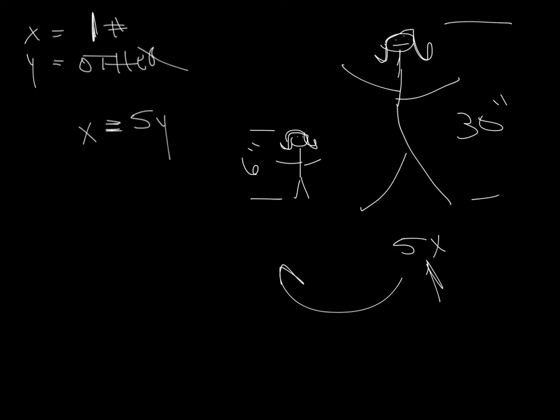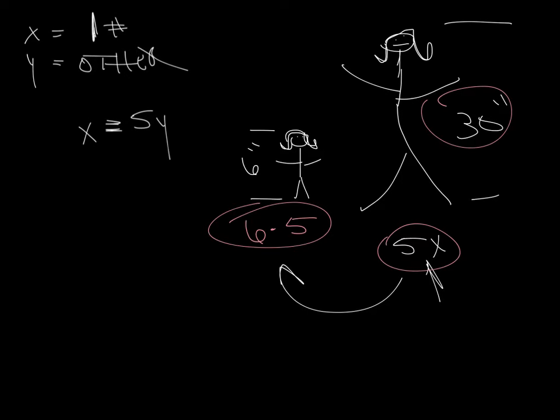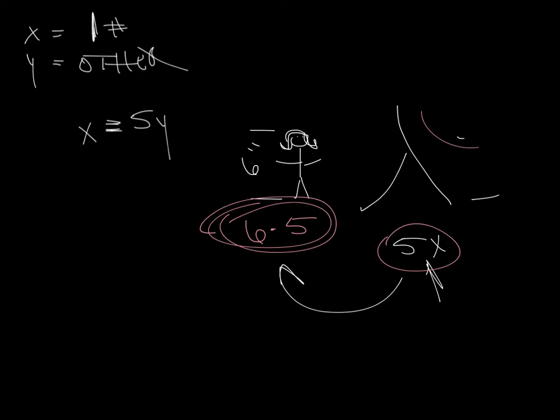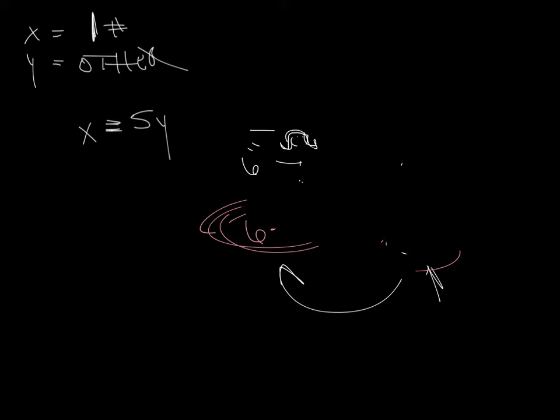So in order to make that one the same height, we'd have to take 6 times 5. And then they'd both be 30 inches. So because this one's 5 times taller, in order to make them equal, I have to make this one 5 times taller. So that's what I did here. In order to make them equal, I had to multiply the smaller one times 5. Okay, let's get rid of my really rude drawing before somebody sees it.